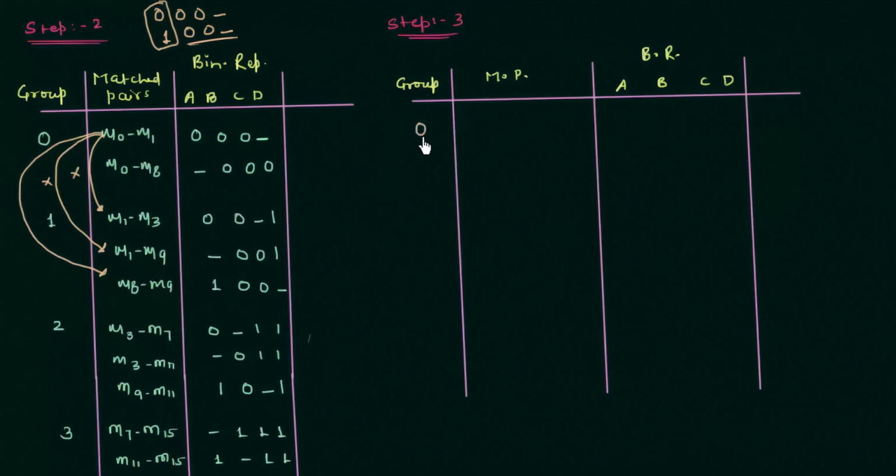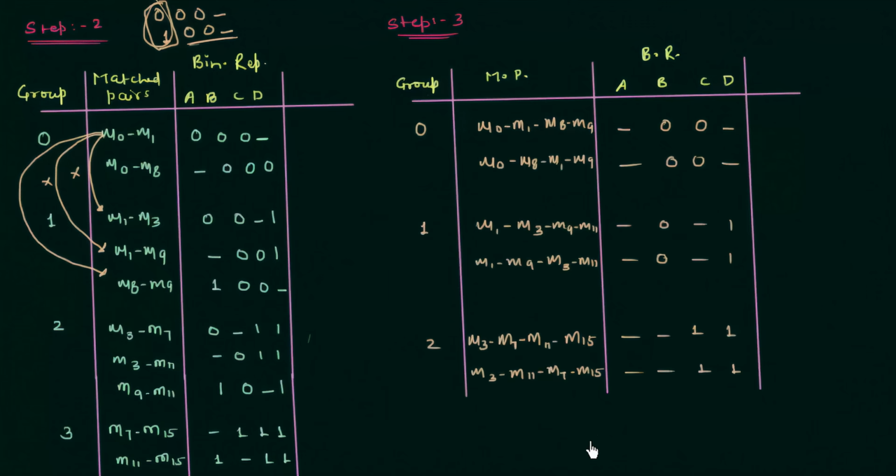So in group 0 we have M0 M1 M8 M9 as our matched pair, and the representation is going to be underscore 0 0 underscore. In the same way you have to complete this table. I hope your table is same as this one, and don't forget to put tick mark. All the matched pairs are involved, so I will put tick mark in front of all these matched pairs.